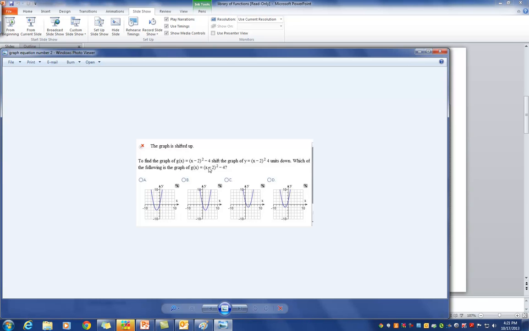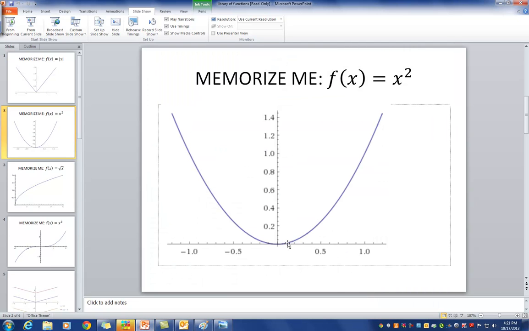What this -4 does is, remember, it changes the output, so it slides the function in the direction you think it would. So a -4 will slide it down. So we're going to take this function, slide it in the positive direction 2, and then slide it down 4. So this vertex, instead of being at 0, 0, should now be at 2, -4.